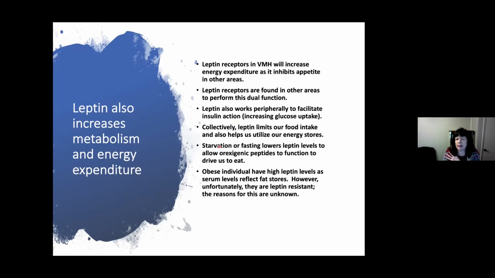And one of the most important signals for leptin is starvation or fasting, because leptin is really dependent on normal eating and a normal pattern of eating. So if you go into a fast, that will automatically lower leptin levels.